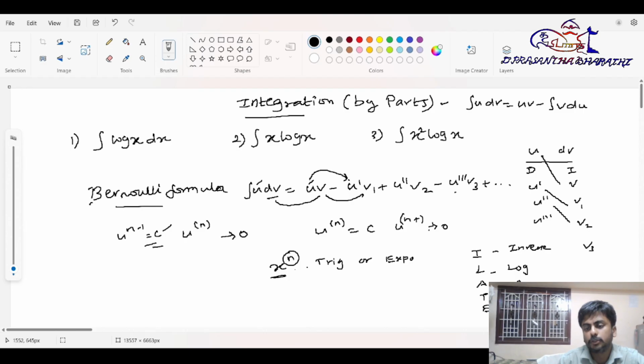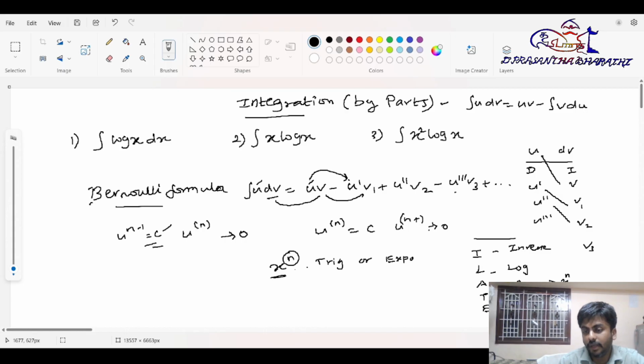You give preference in this order when choosing u. So x power n comes under algebraic, and after that you can have trigonometry and exponential, so you can easily choose one of these as dv.